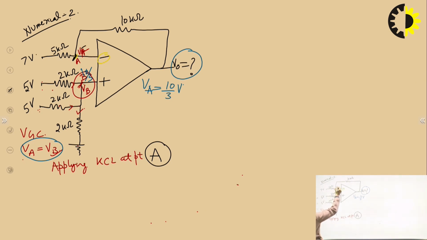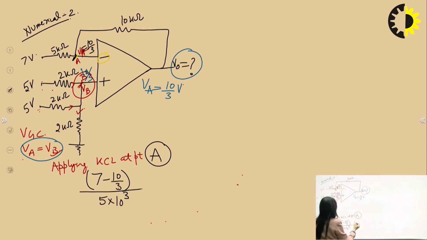Now at this point A, the voltage is VA. 7 minus VA, and that VA is nothing but 10 by 3. So (7 minus 10 by 3) upon 5 into 10 raised to the power 3 is equal to, no other branch, is equal to (VA minus VO) upon 10 into 10 raised to the power 3.